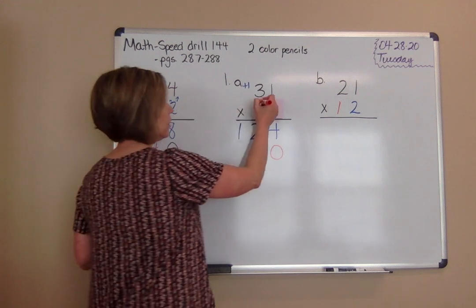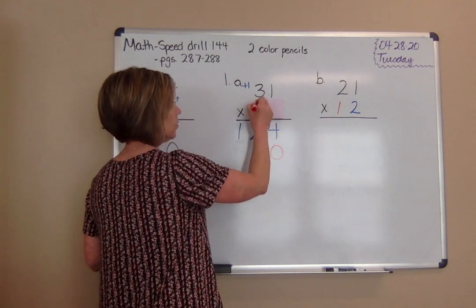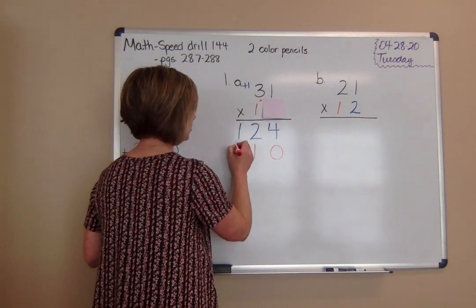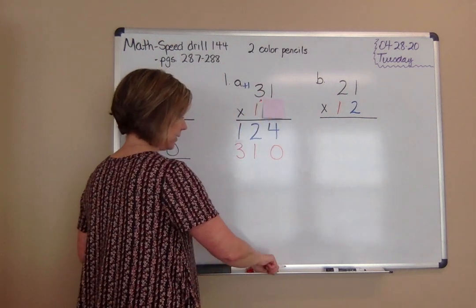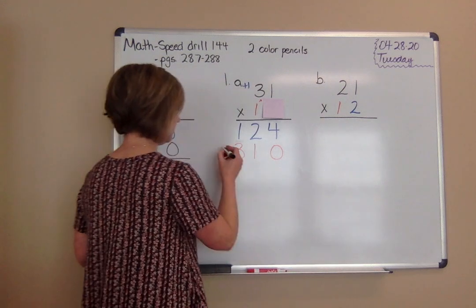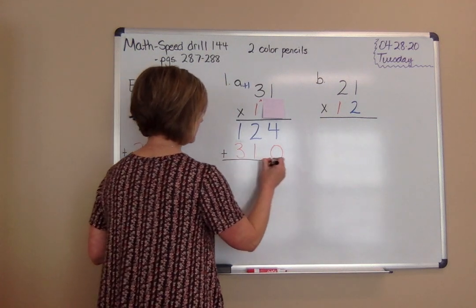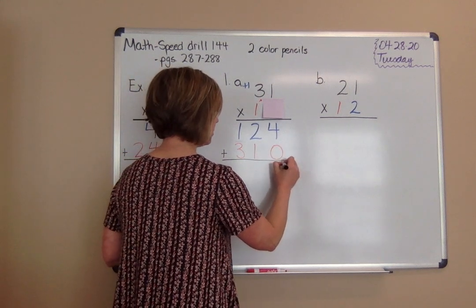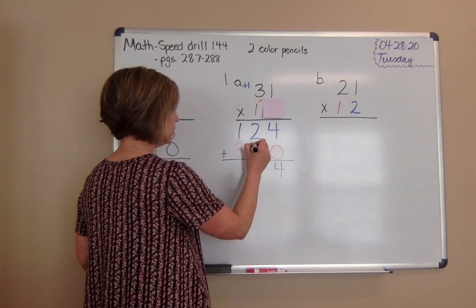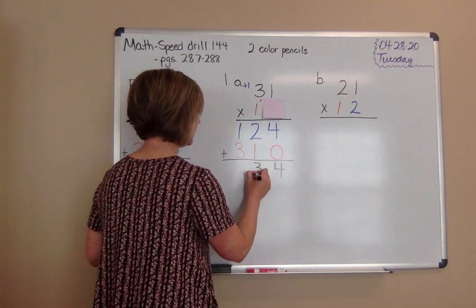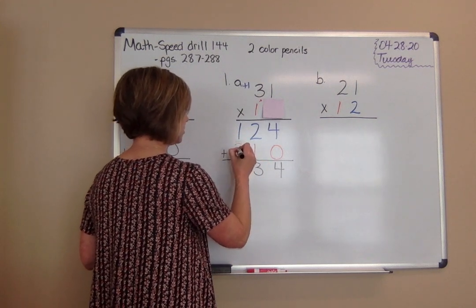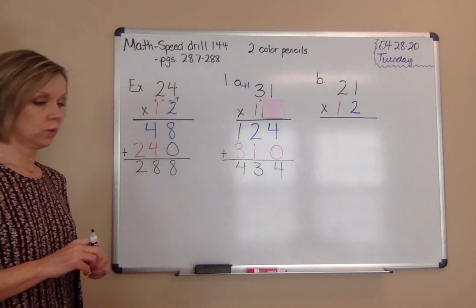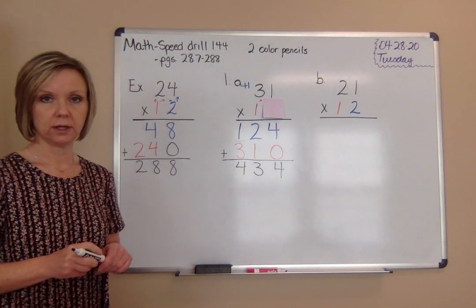So now let's go. 1 diagonal, 1 times 1 equals 1. 1 times 3 equals 3. And then our next step is we add it. 4 plus 0 equals 4. 2 plus 1 equals 3. 1 plus 3 equals 4. So our answer for 1A is 434.